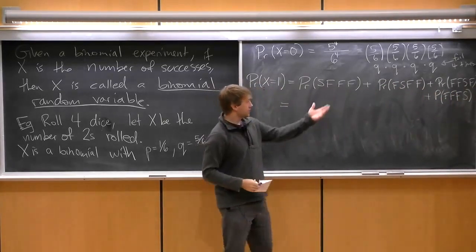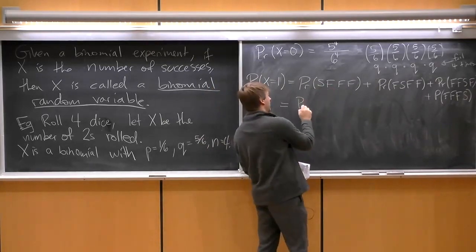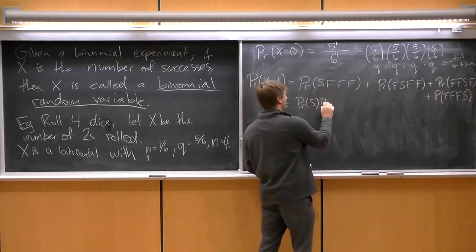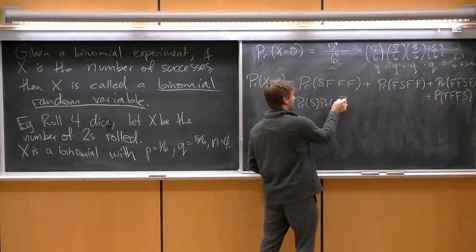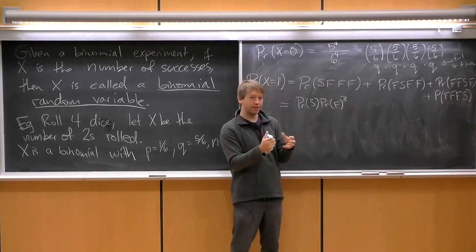And again, all these things are independent, so the probability of this would be the probability of success times the probability of failure cubed, because when things are independent, you can split them up.